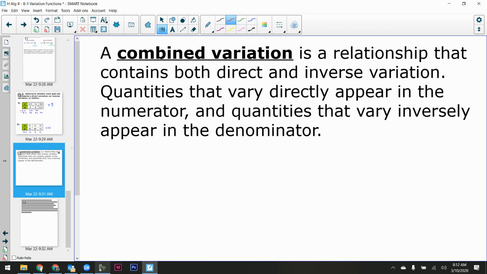All right, so let me say that again. Anything that I say varies directly will happen in the numerator, and anything that I say varies inversely happens in the denominator. K always is in the numerator. Okay, so y varies directly as x, varies directly as c, varies inversely as a, varies inversely as b, varies directly as z.